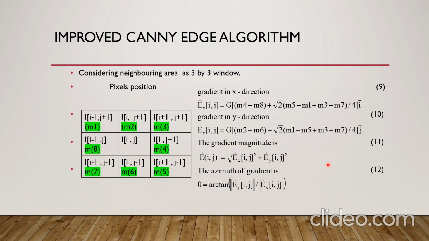So the total gradient magnitude is nothing but the square root of the gradient in the x direction whole square plus the gradient in the y direction whole square. The direction of the gradient is nothing but tan inverse of the gradient in the y direction divided by the gradient in the x direction.